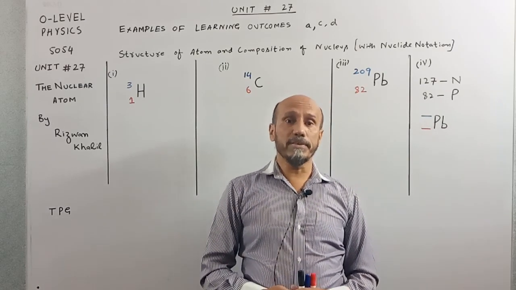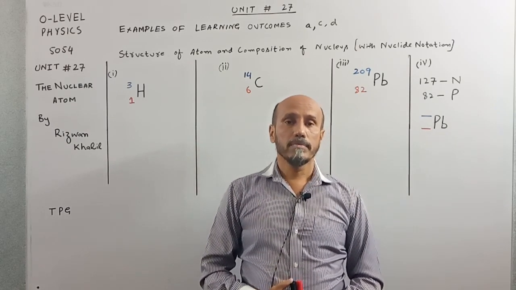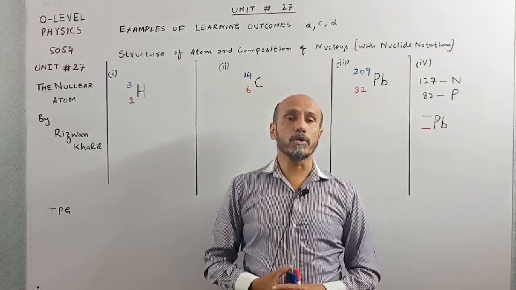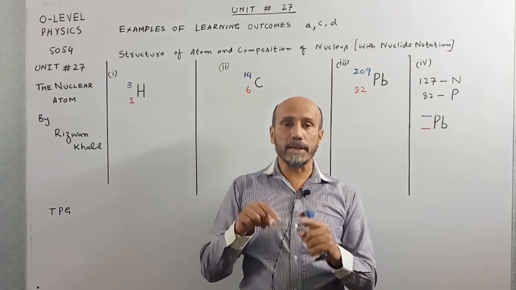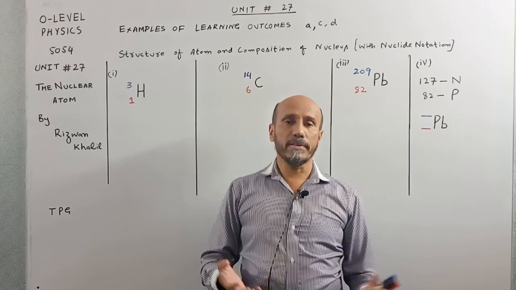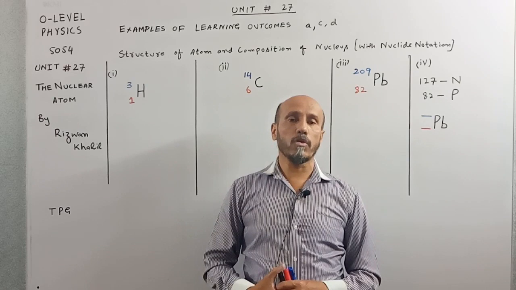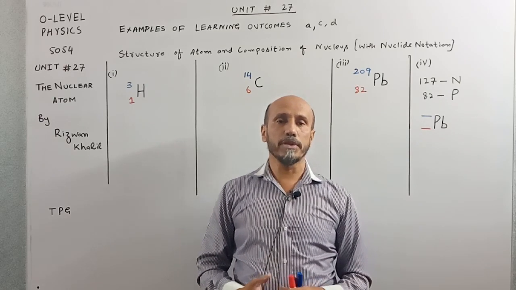While what was the definition of nucleon number or atomic mass number? The total number of protons and neutrons inside the nucleus, and it is represented by capital A. Different questions are asked in the examination regarding the structure of atom and composition of nucleus.